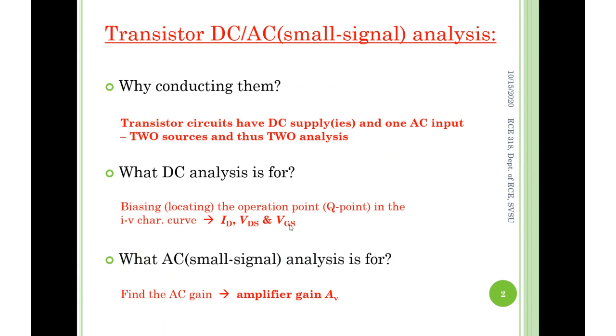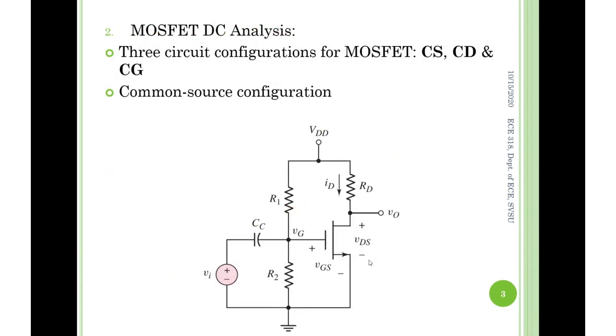ID, VDS, VGS, three things. These are the results of DC analysis. In small signal analysis, you're looking for A sub V, the gain. These are the idea and the concept. If they are clear, then we can go ahead. Let's talk about DC analysis, followed by AC, of course.